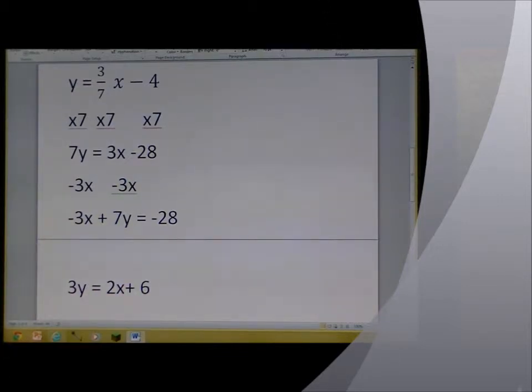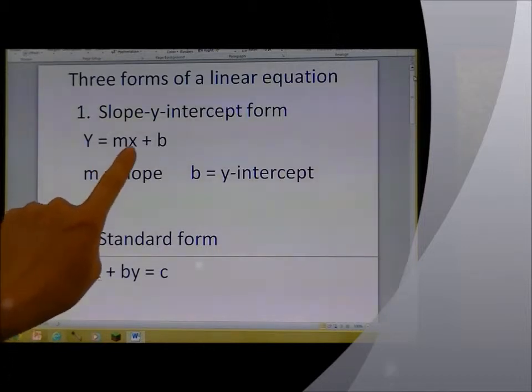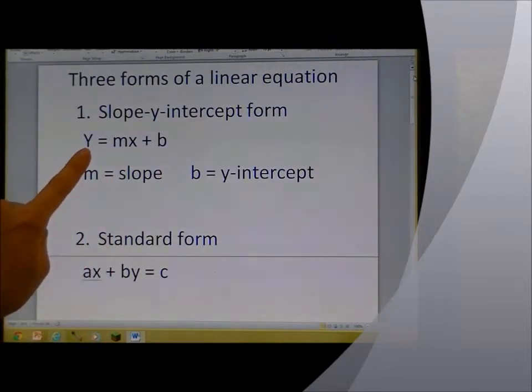Okay, now in this problem, we would like to find the slope. The easiest way to find the slope is to change it into slope-intercept form, which was up here: y equals mx plus b, so the y is all by itself.